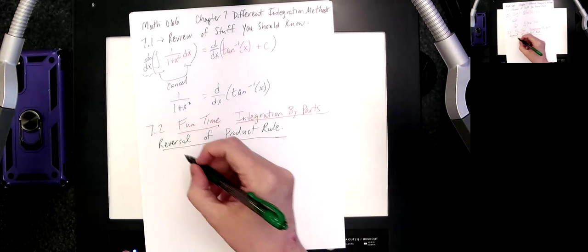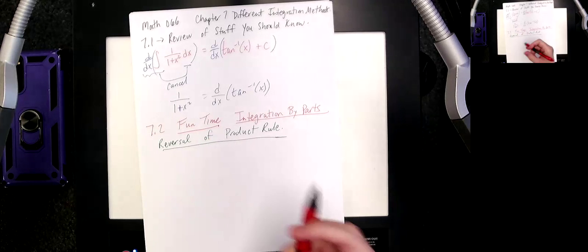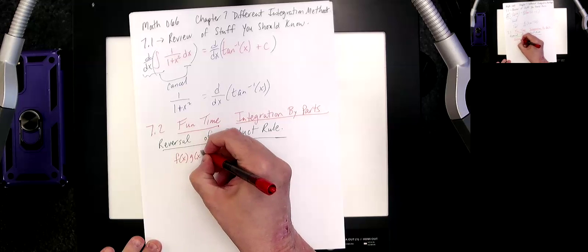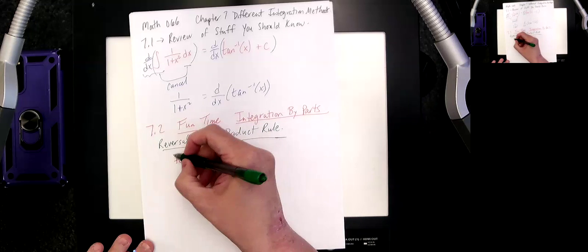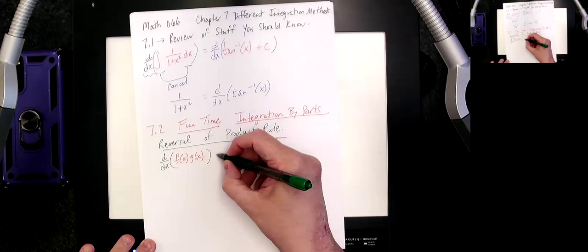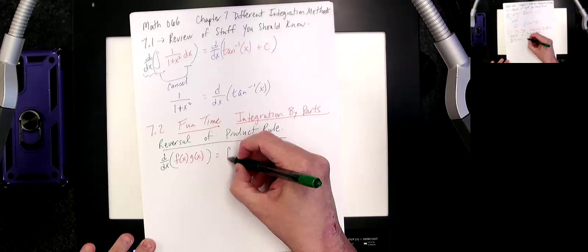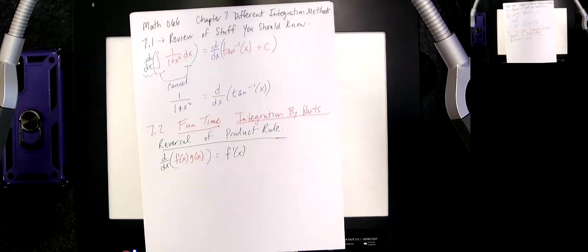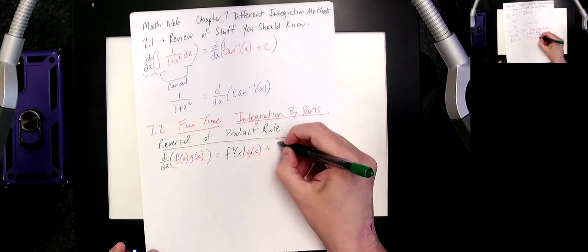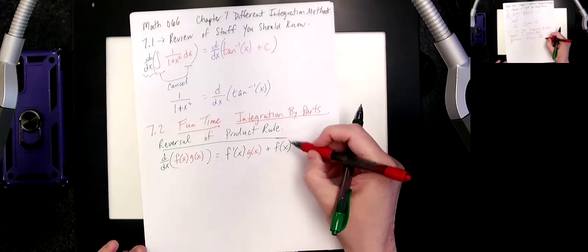So let's say we've got f of x times g of x. And we take the derivative of that. And we notice that we got f prime of x times g of x plus f of x times g prime of x.